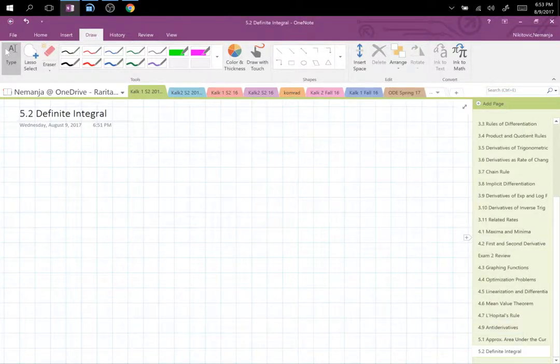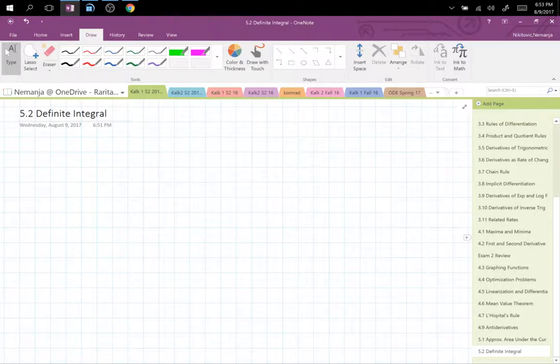Hello and welcome back to Calculus 1. We're talking about the definite integral. In the last lecture, 5.1, we defined the definite integral through the Riemann integral, and we already know that the definite integral is calculating area under the curve.